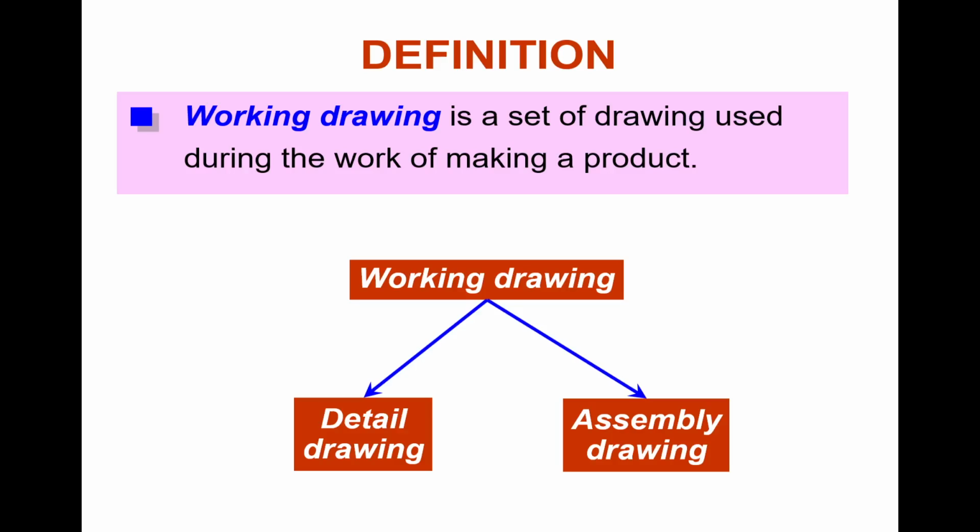Okay, function yang pertama is to completely describe the parts, both visually and dimensionally, and second, to show the parts in assembly, and third, identify all the parts, and fourth, specify standard parts. Okay, so in general, a complete set of working drawings for an assembly includes detailed drawings and also assembly drawing.